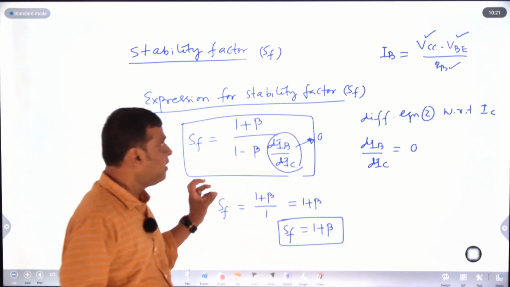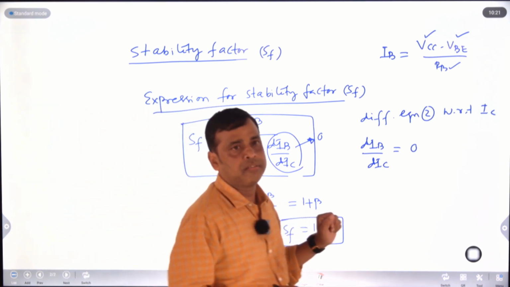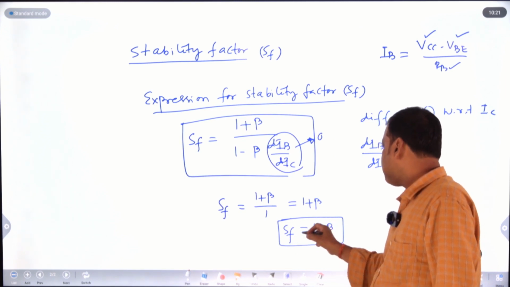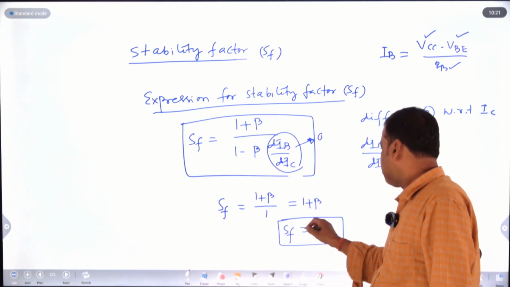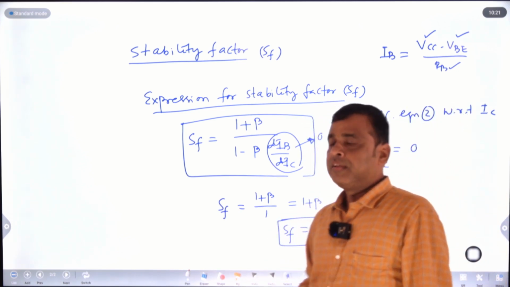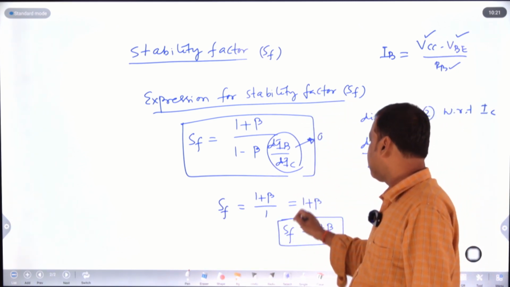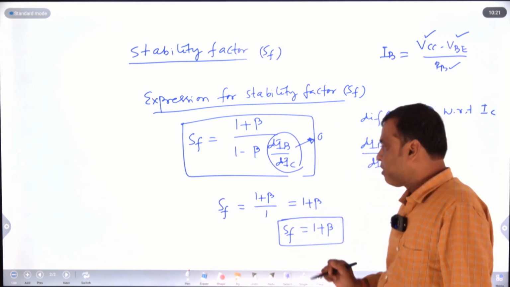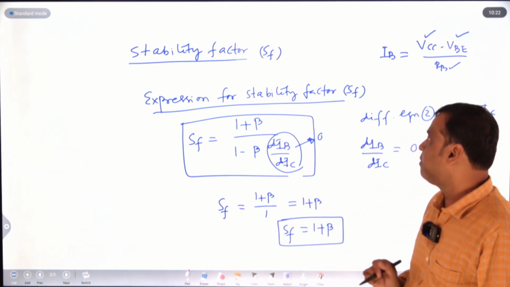The stability factor does not decrease prominently, so from the stability factor point of view, stability is not improved in the fixed biasing scheme.